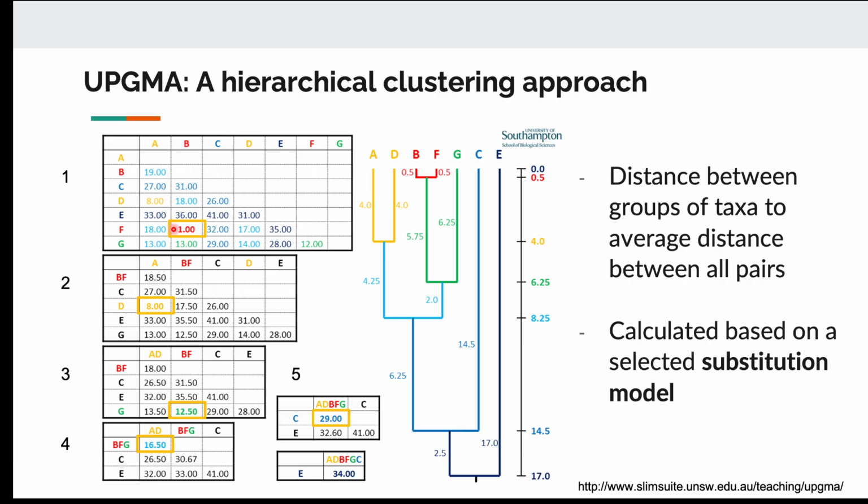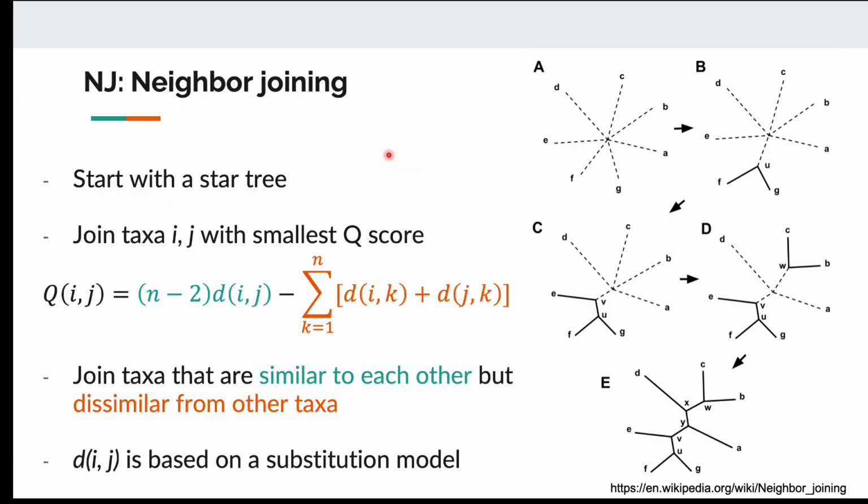So this process is essentially the same as the animation that you saw before. It just has different names because people in different fields come up with similar techniques, right? And they name it differently. But the concept is the same. We're going to group species or taxa one at a time until we connect everything together.